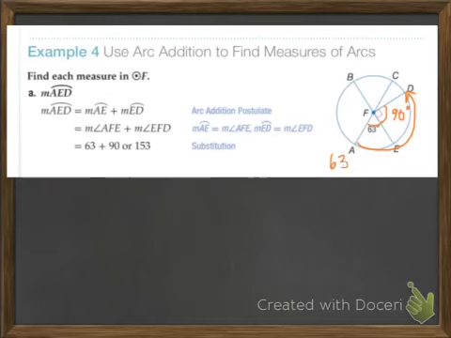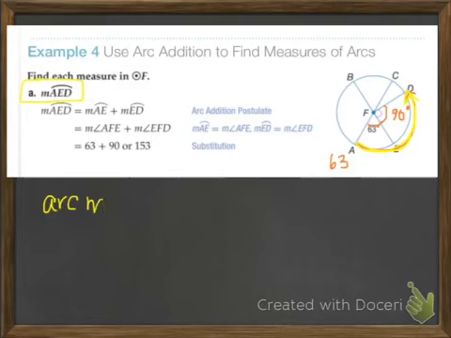All right, here's an example problem that we need to talk about. It says find each measure in circle F. I really just gave you one of the problems that was in the book. Measure of arc AED is what we want, and that is from here to here. That's going to be that arc. Now one thing that we need to talk about is the arc measure.